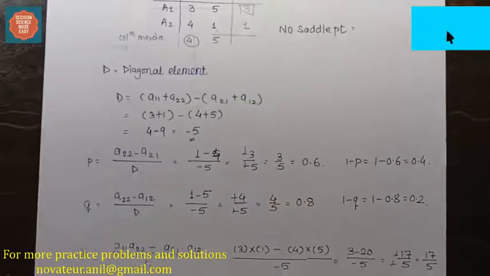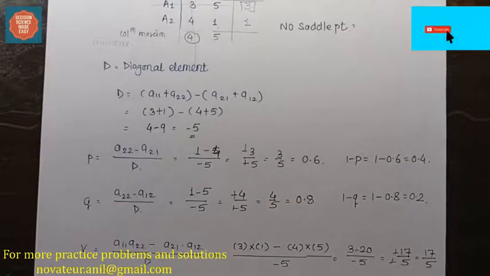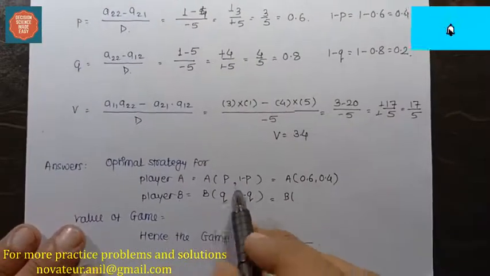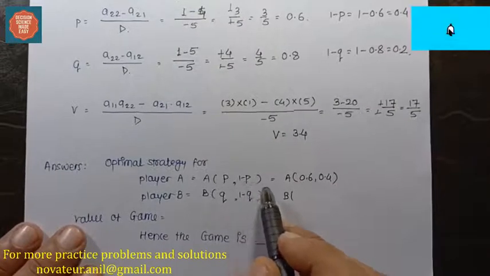So my answer will be: the optimal strategy for player A is P and 1 minus P, and for B it is Q and 1 minus Q. So for player A the optimal strategy is P, 1 minus P, that is 0.6 and 0.4.